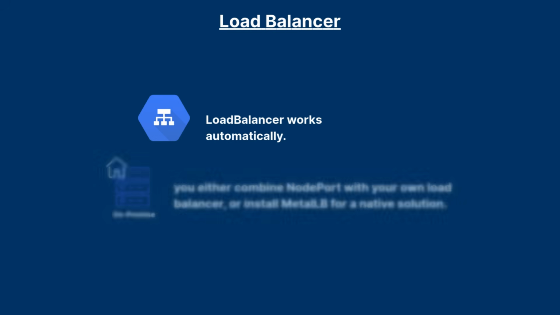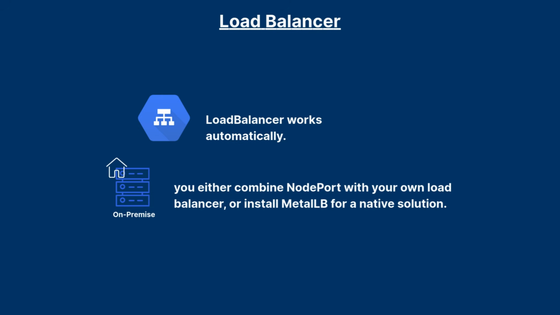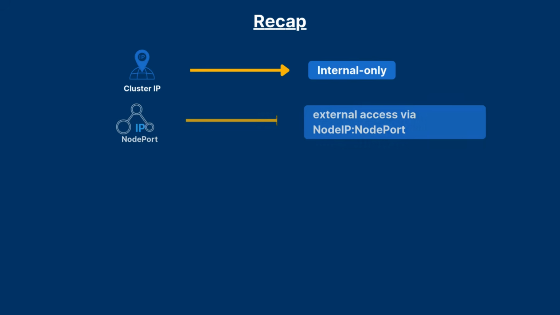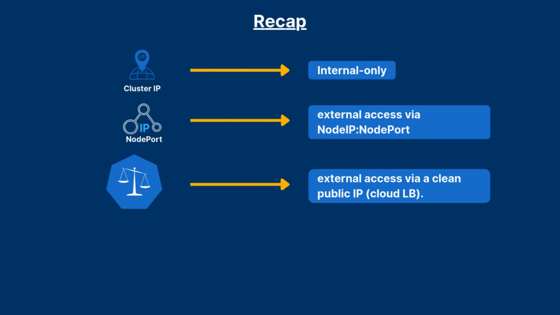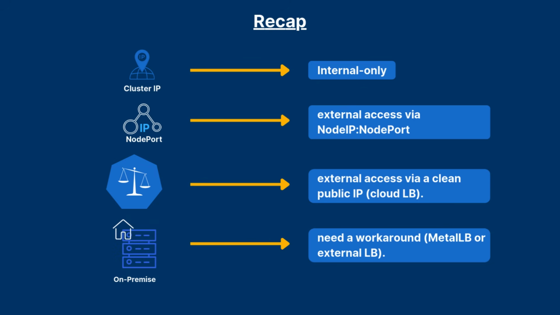For on-premise, you either combine NodePort with your own load balancer or install MetalLB for a native solution. So let's have a quick recap. Cluster IP for internal access only, NodePort is for external access, load balancer is for external access via a clean public IP. On-premise it needs a workaround with MetalLB or external LB.